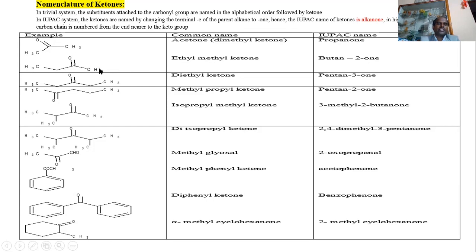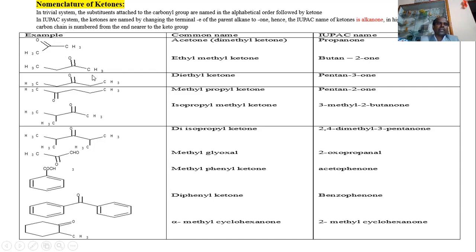And now let us assign IUPAC name for this. When we are assigning IUPAC name, two things we have to remember. We have to select a parent chain, 1, 2, 3, 4. 4 carbon containing one is the parent chain. And when we are numbering, we should assign the least number to the ketonic functional group.